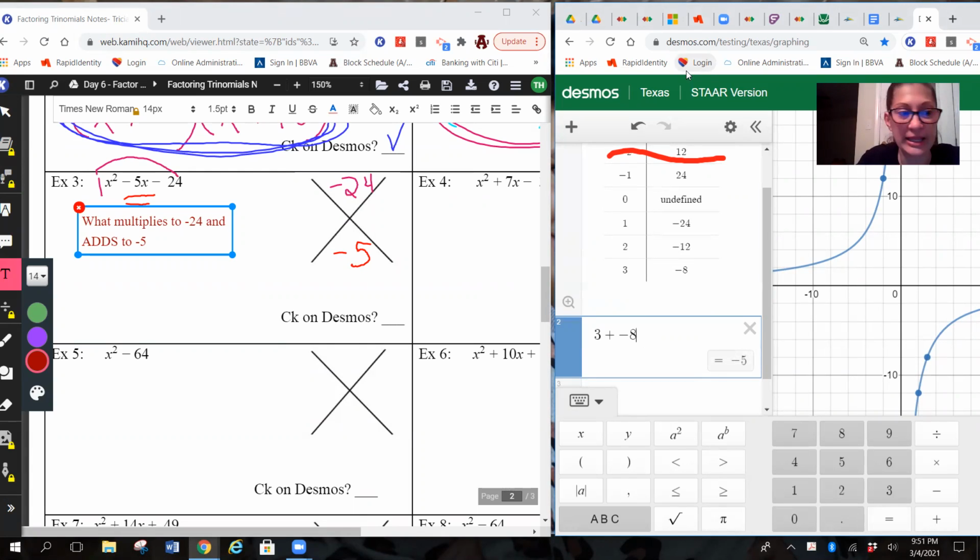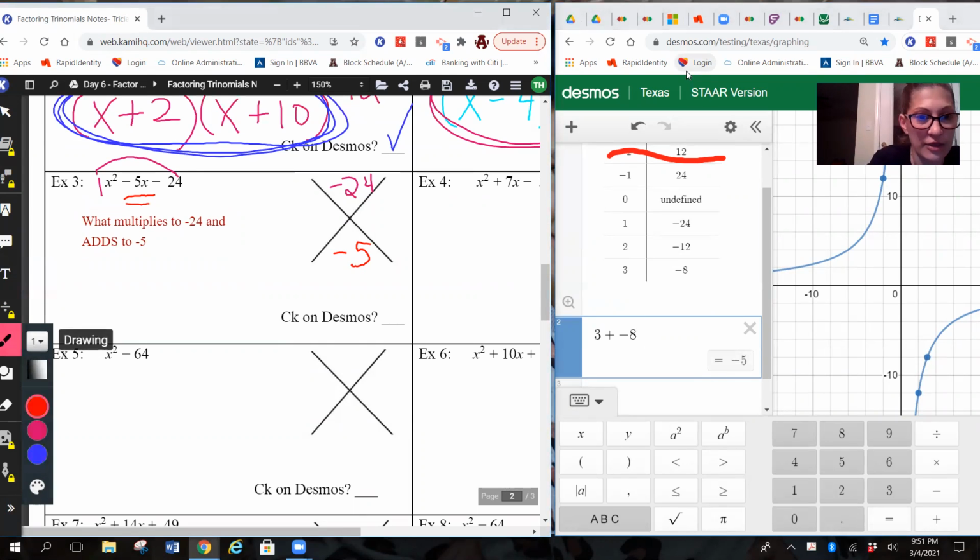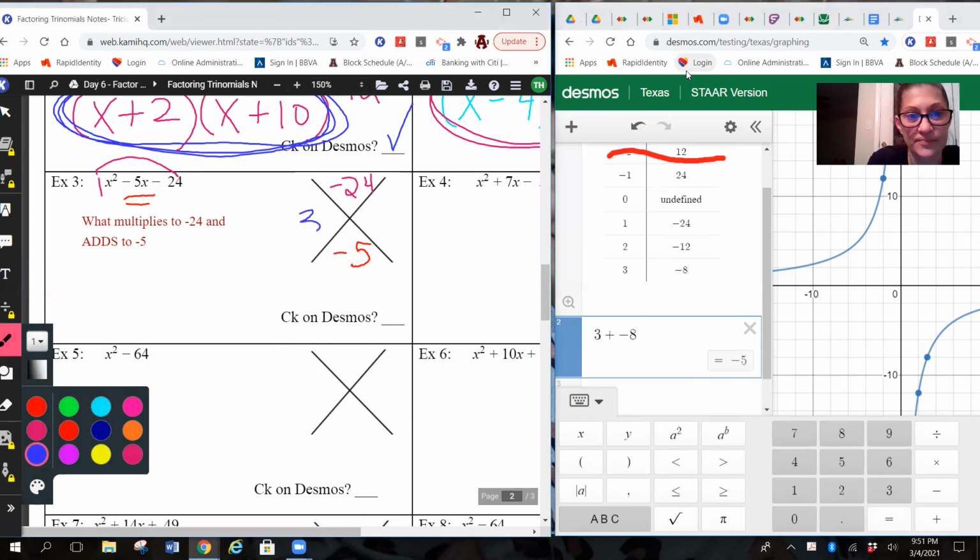So 3 and negative 8 are the two factors. 3 times negative 8 is negative 24. And 3 plus negative 8 is negative 5. So your answer is x plus 3, x minus 8.